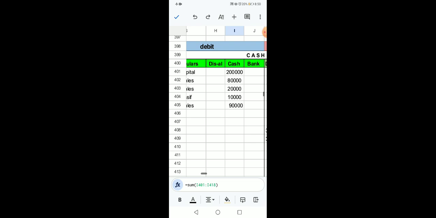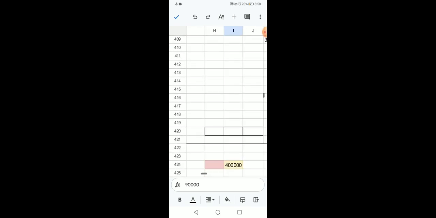But in a calculator, you will do 2 lakh plus 80,000 plus 20,000 plus 10,000 plus 90,000, and then you will write the sum on any rough side, not exactly at the total of the cash debit side. Do not do it. Write the total anywhere else, not at the exact total of the cash debit side.